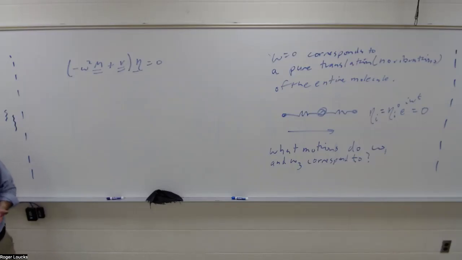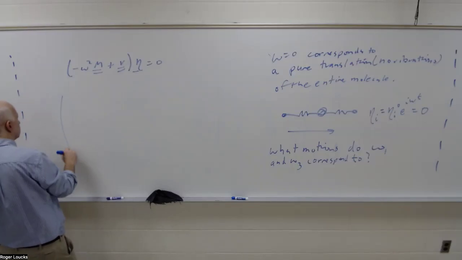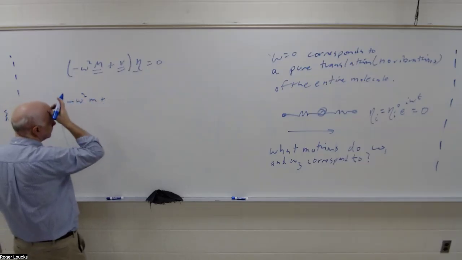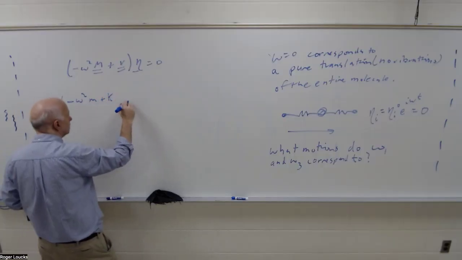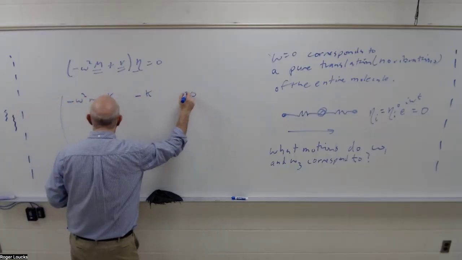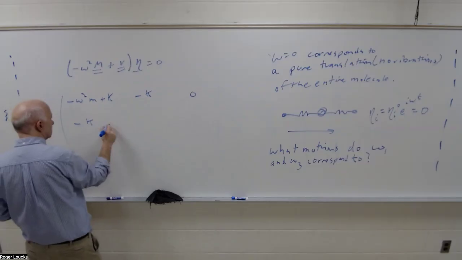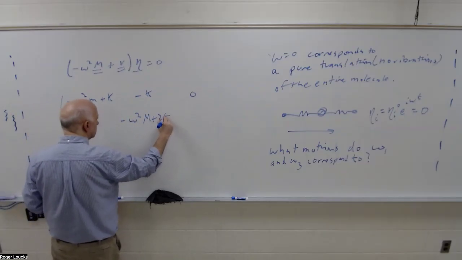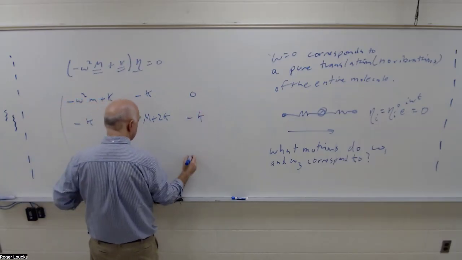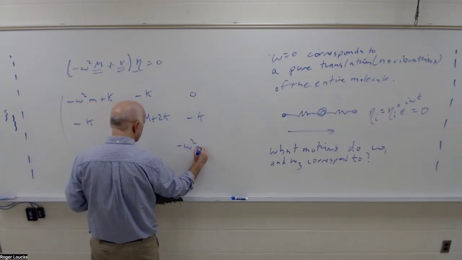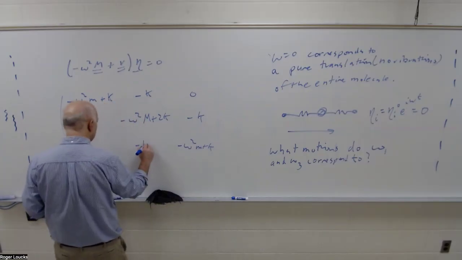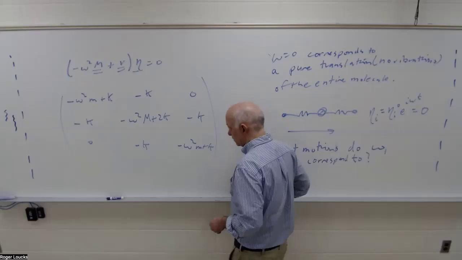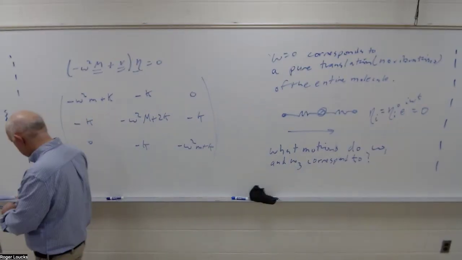So if I had to write this out, this would be omega squared m plus k minus k0, minus k, minus omega squared big M, 2k minus k, minus omega squared little m plus k minus k0 here, all times the vector for this one.